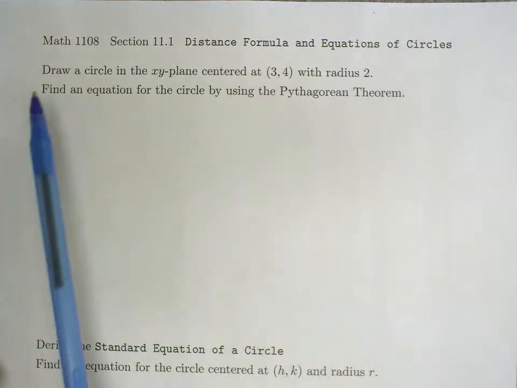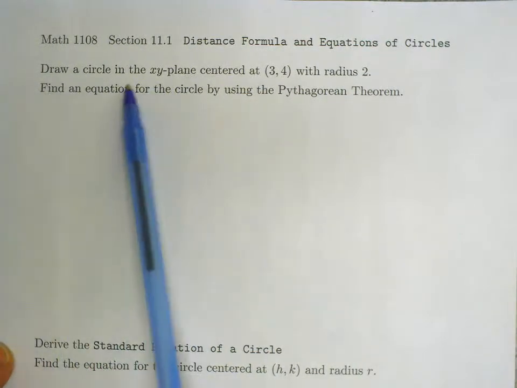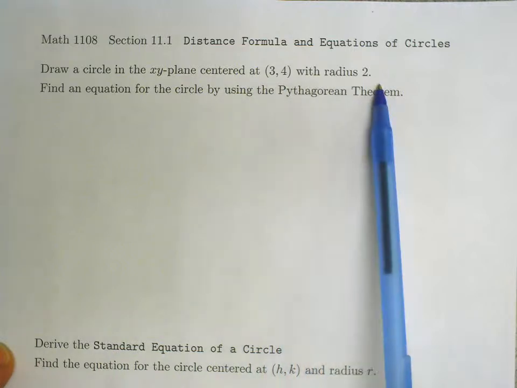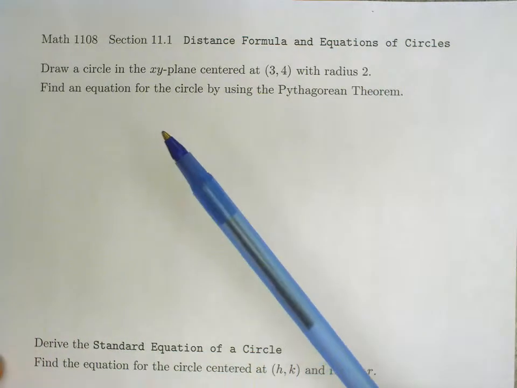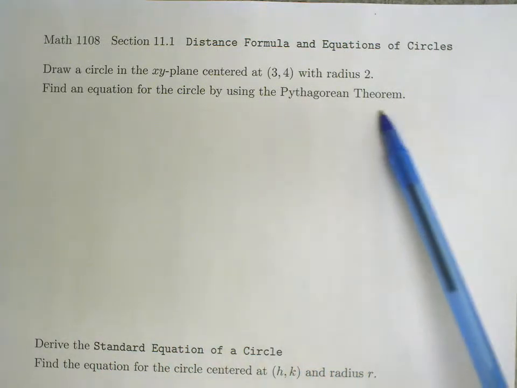Okay, so what we're going to do in this first example, we'll draw a circle in the xy plane centered at 3, 4 with radius 2. And then we'll find an equation for that circle by using the Pythagorean theorem.